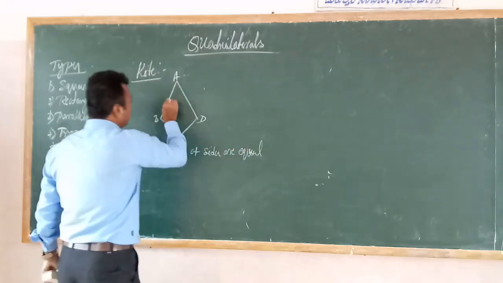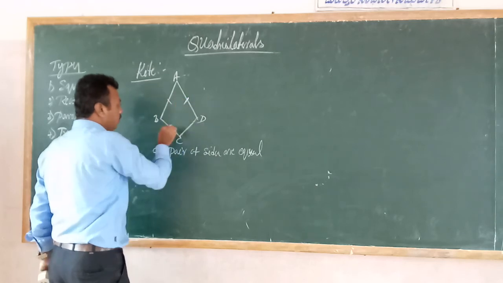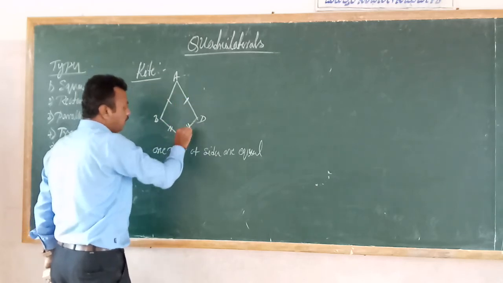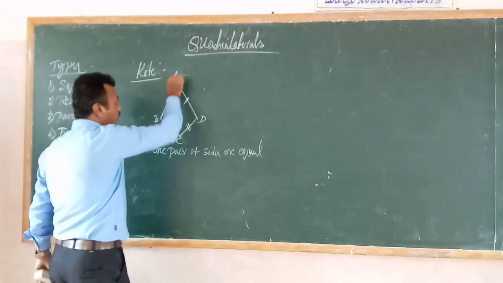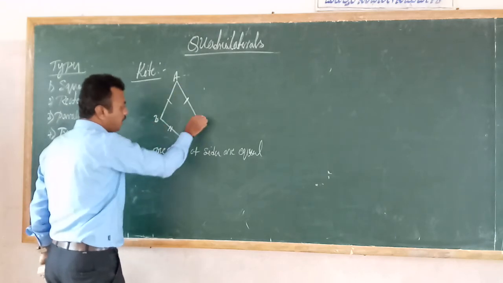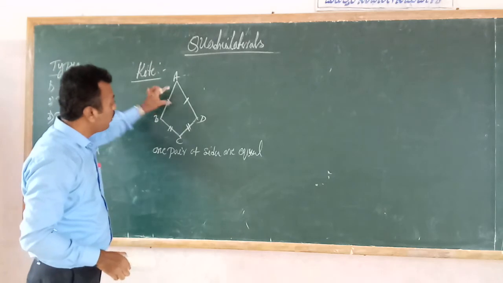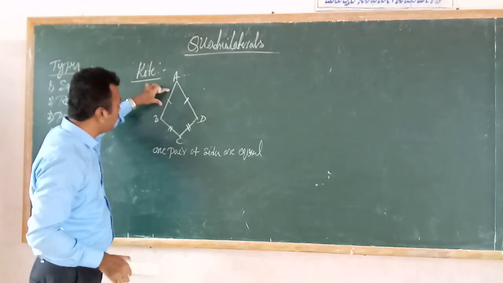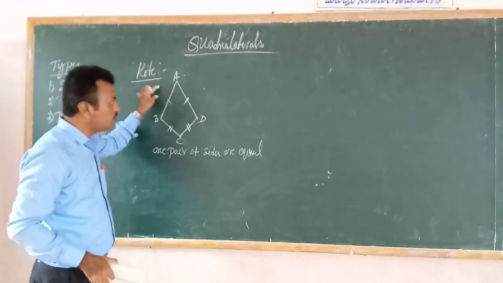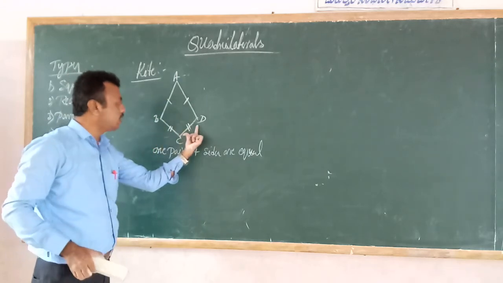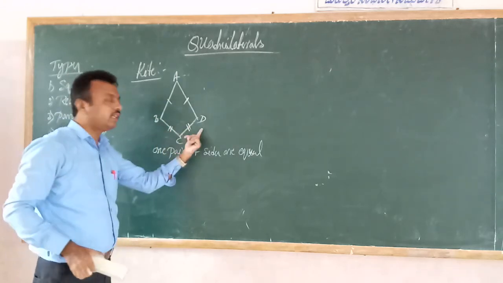AB and AD are equal, BC and CD are equal. Here not all sides are equal, but pairs of sides are equal. AB and AD are one pair, and BC and CD are another pair.